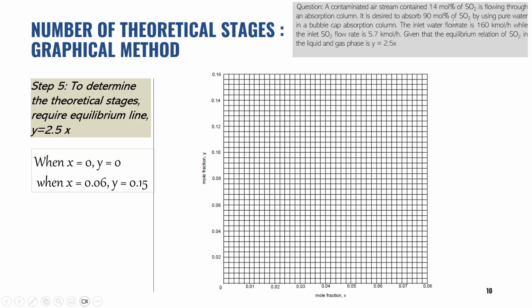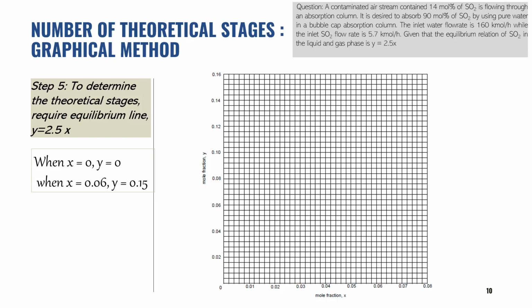That will be the highest. If we take out 100%, there's no more, 0% of the 14 mole percent will come up in the exit stream of the gas flow.